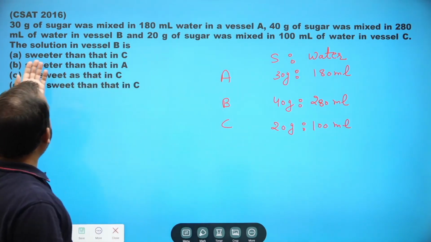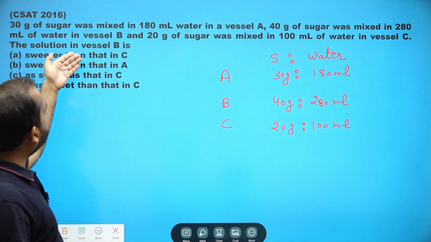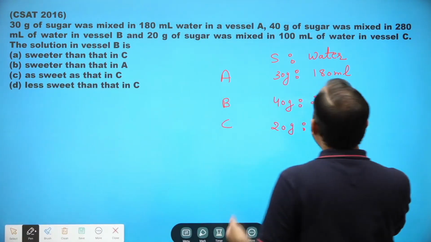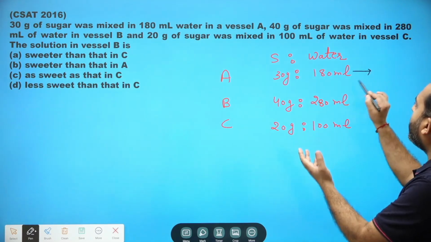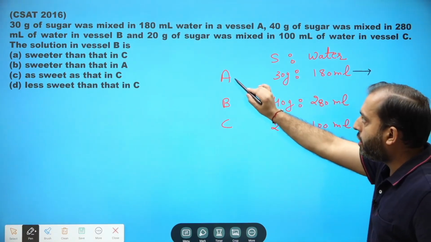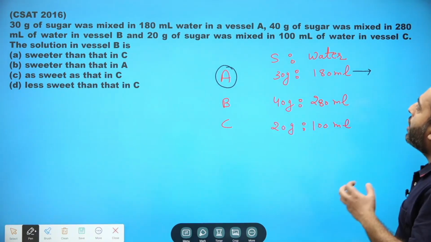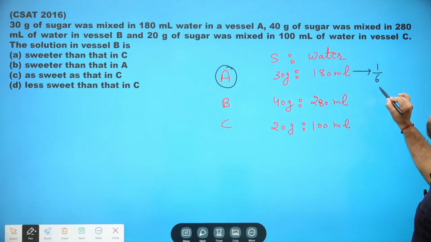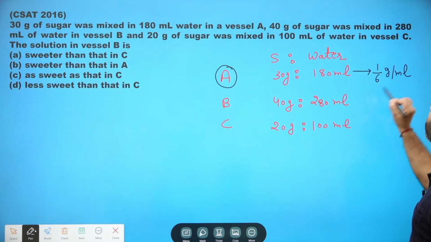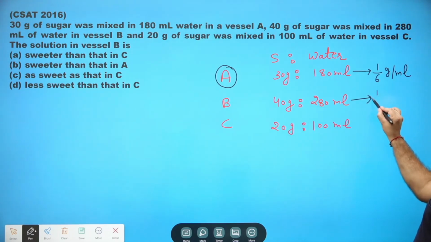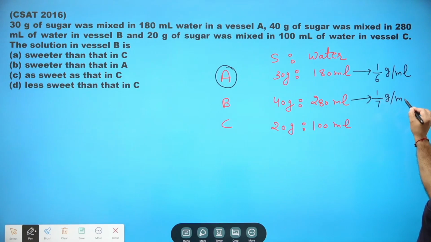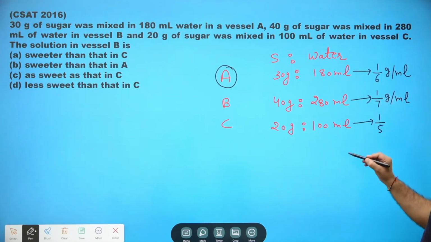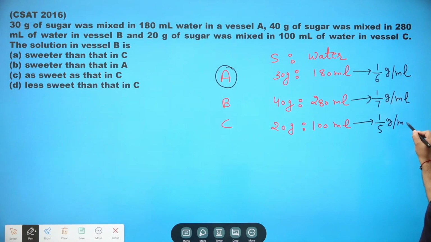We have to compare the solution in vessel B with the solutions of other vessels. Now in this question, if I want to talk about concentration, vessel A, 30 upon 180 becomes 1 by 6 gram per milliliter. 40 upon 280 becomes 1 by 7 gram per milliliter, and 20 upon 100 becomes 1 by 5 gram per milliliter.